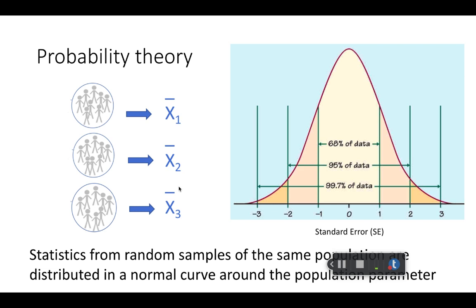We use standard errors to describe the area under the curve, and we know from probability theory that 68% of all samples will generate statistics within 1 standard error of the population parameter, and 95% of all random samples will generate statistics that are within 2 standard errors of the population parameter, and 99.7% of all random samples will generate statistics that are within 3 standard errors of the population parameter. That's one main aspect of probability theory.